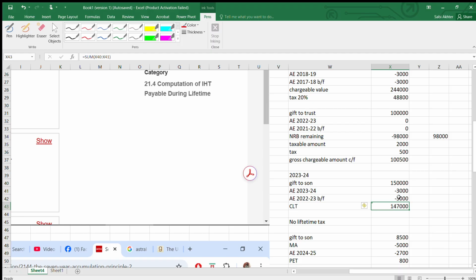So CLT would be 144,000. Remember, this is PET, so no lifetime tax.